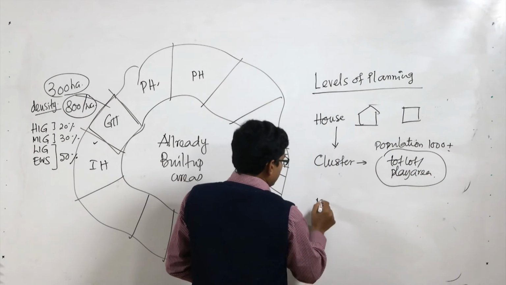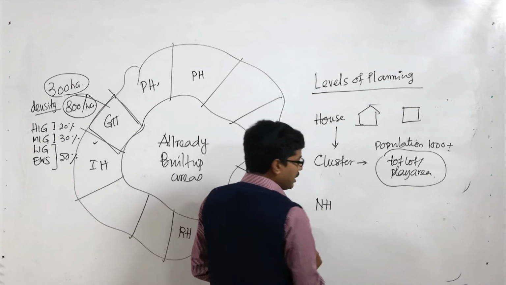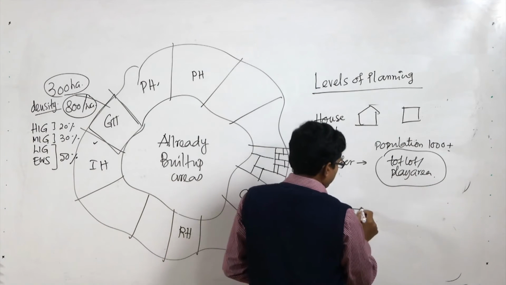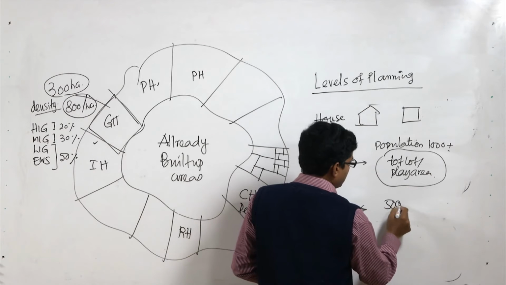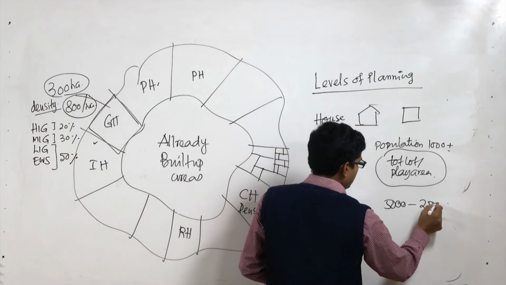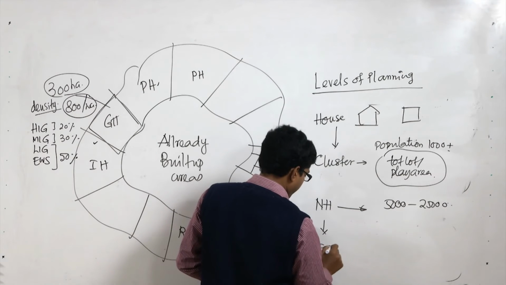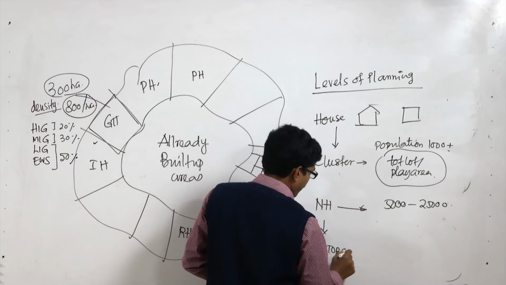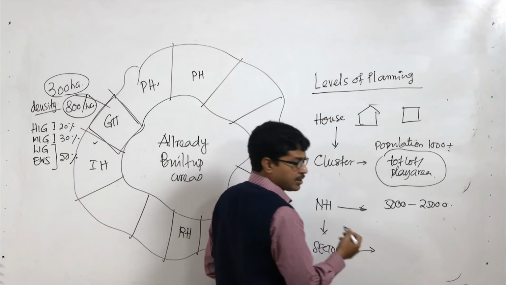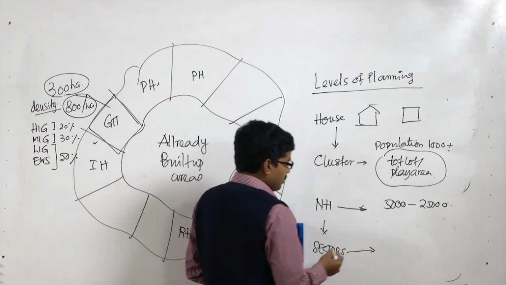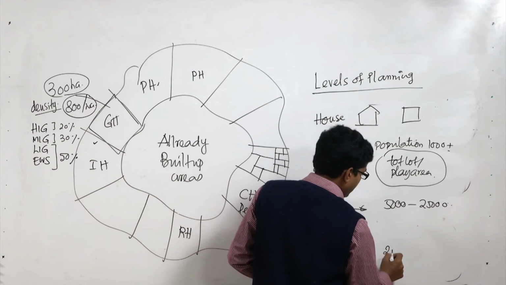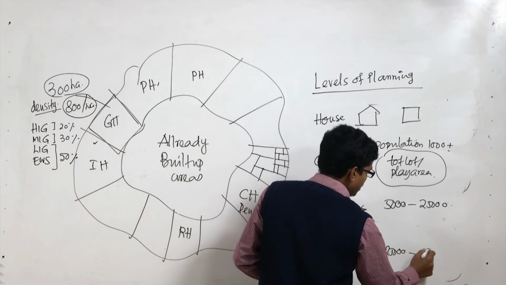Then we have the neighborhood. For the neighborhood we can have a population of anything between 5000 and 25,000. Then we have the sectors, which are bigger than the neighborhood. A sector can have a population of 25,000 to 50,000.